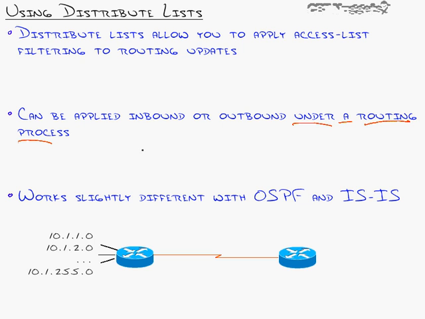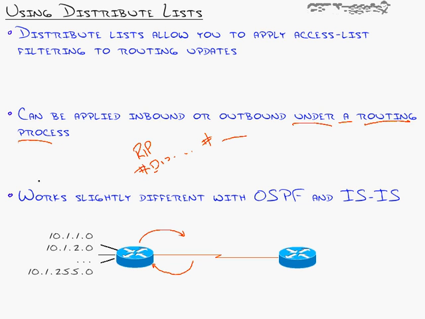So I would go under, say, router RIP, and under the routing process, in config-router mode, I would type in distribute-list, then an access list number, followed by the interface I want to send it out of, or inbound. So I can filter when the routing updates are being sent out an interface, or I can filter as the routing updates are coming in an interface. Is that clear? The router really has the ability to stop updates from coming in or keep them from going out to their neighbors.